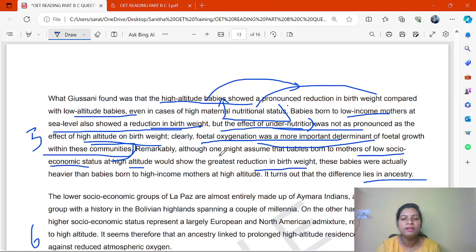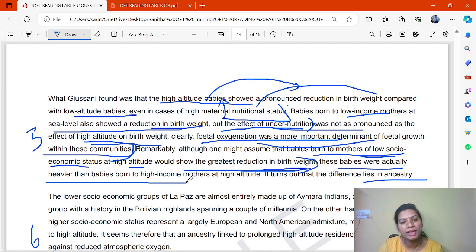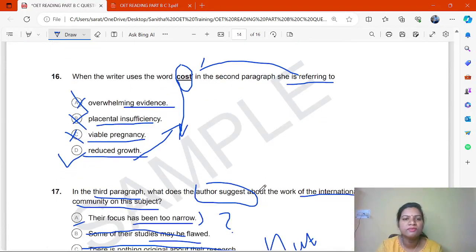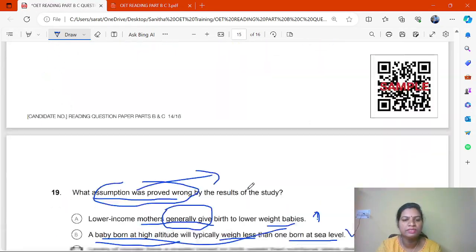Remarkably, although one might assume that babies born to mothers of low socioeconomic, that is lower income status at a high altitude would show the greatest reduction in birth weight, these babies were actually heavier than babies born to high income mothers at high altitude. Okay, then we will see.